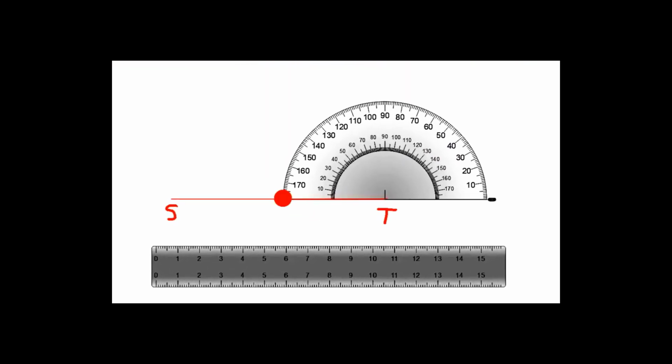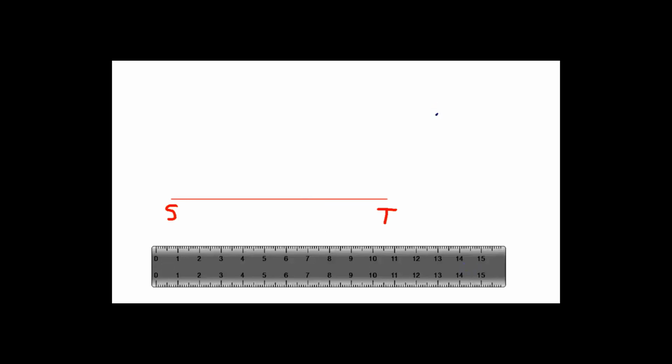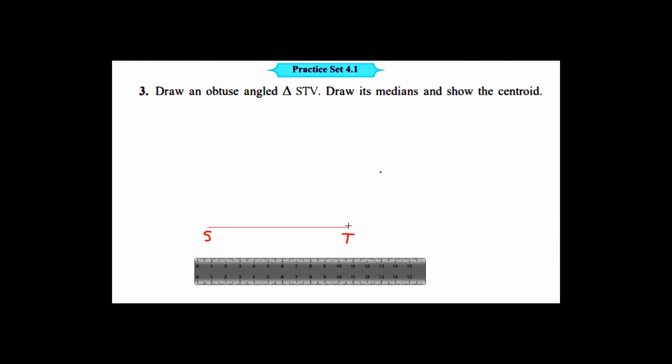Here is 0, 10, 20, 30, 40, 50, 60, 70, 80, 90, 100, 110 and 120. Take a point at 120. Here, remove the protractor and draw a ray passing through the point at measure 120 degree.